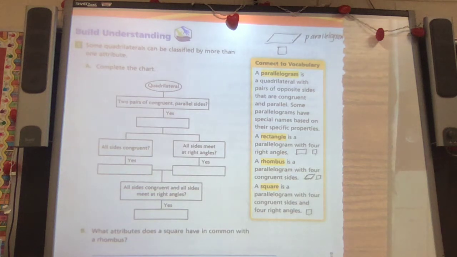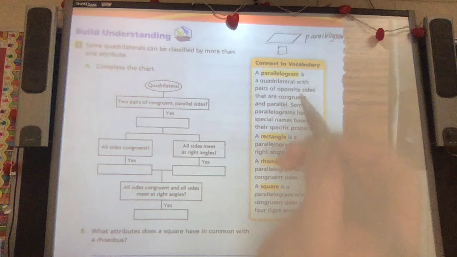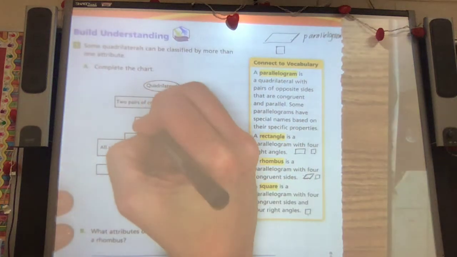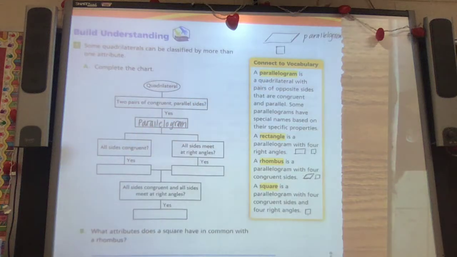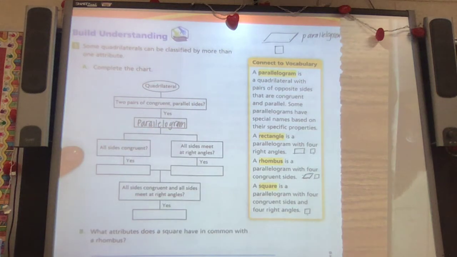All right, so let's look at this. It says quadrilateral. Two pairs of congruent parallel sides. Okay, so it says yes. So two pairs of congruent parallel sides we could call a parallelogram. Are all the sides congruent? Yes.